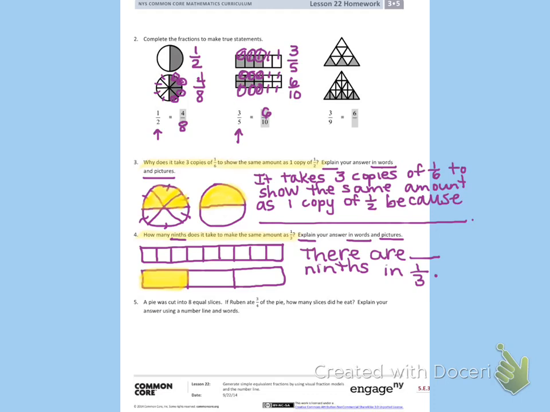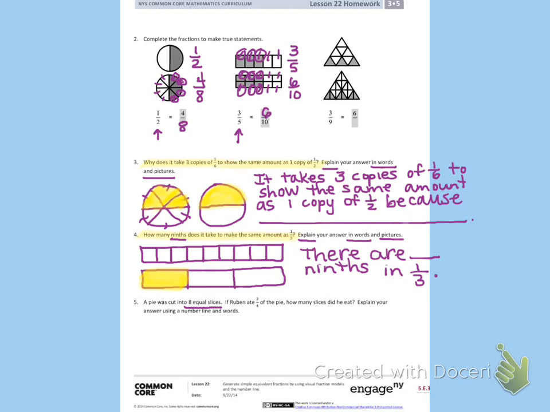Item 5 says a pie was cut into 8 equal slices. If Reuben ate 3/4 of the pie, how many slices did he eat? Explain your answer using a number line and words. I'll go ahead and underline the important details. 8 equal slices.